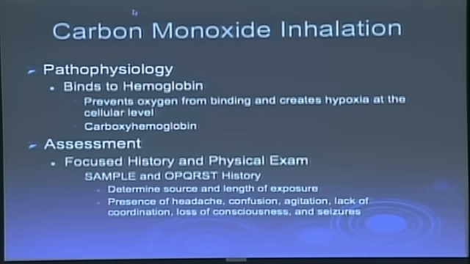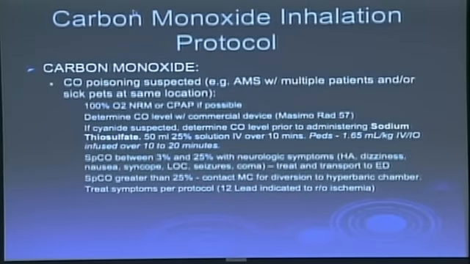Determine the source and length of exposure. Usual symptoms start out with mild exposure, headache, on to confusion and agitation, ataxia, loss of coordination, loss of consciousness, and seizures. Determine the carbon monoxide level in the environment and with a commercial device on the patient.